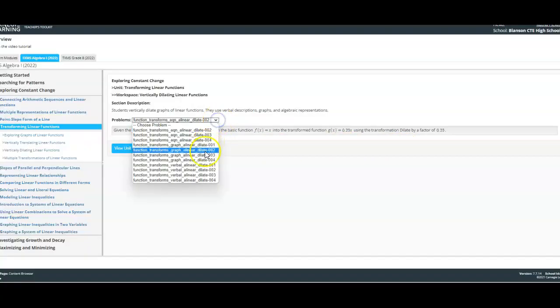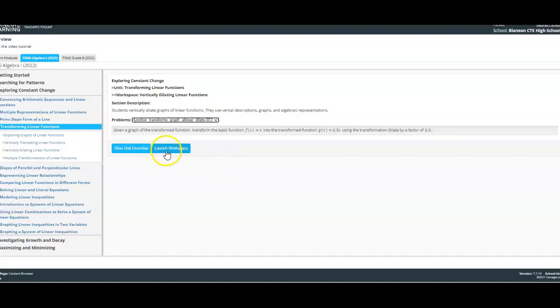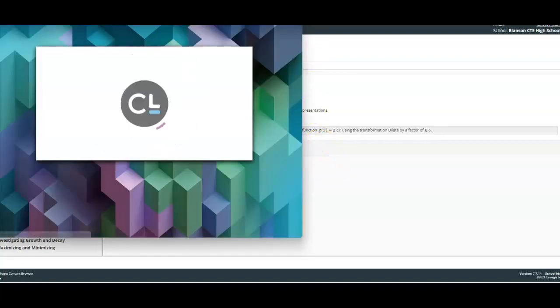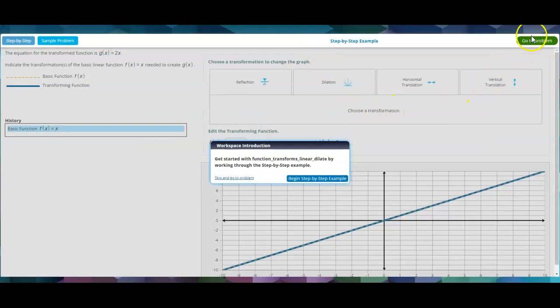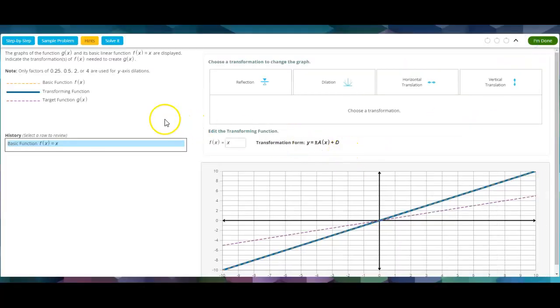All right, let me pick another one. This one is a good one because it doesn't tell you any words up here. What it shows you is this blue line is for a slope of 1. That's the parent function.